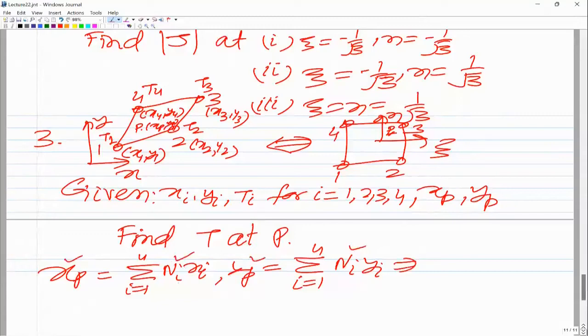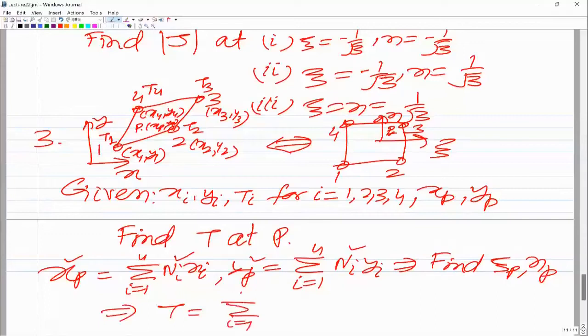So there are two unknowns, xi and eta, and two equations. So you can solve for xi p and eta p corresponding to this point. And once you know xi p and eta p, then you can evaluate the shape functions at this point, and then write T equal to summation i going from 1 to 4 of Ni at point P, that is at xi p, eta p, into Ti. So this is how we will do the calculation.